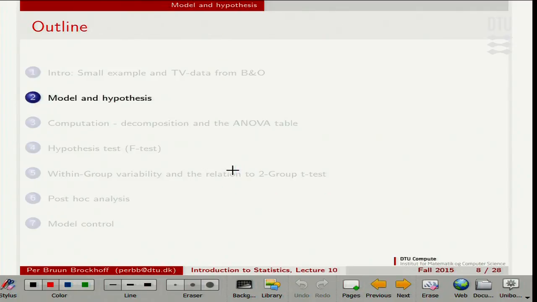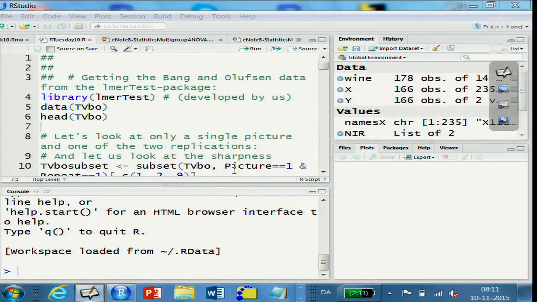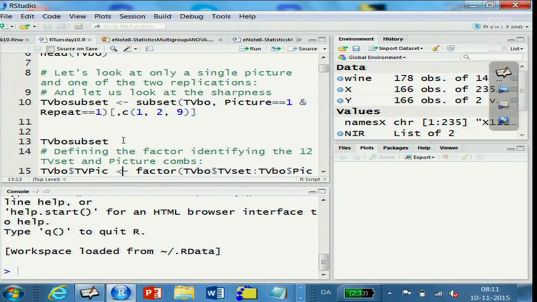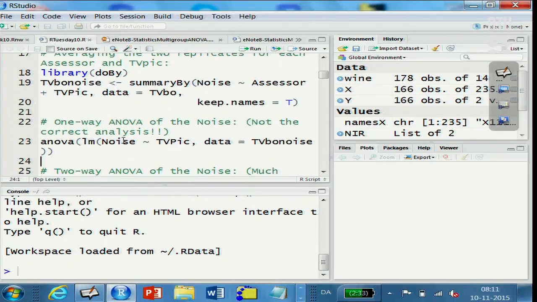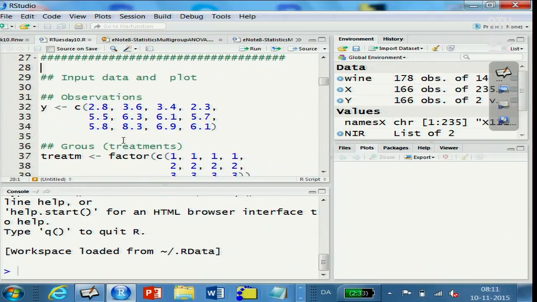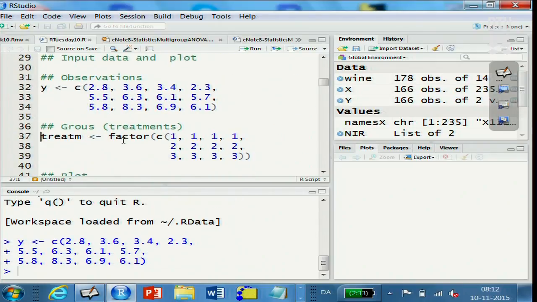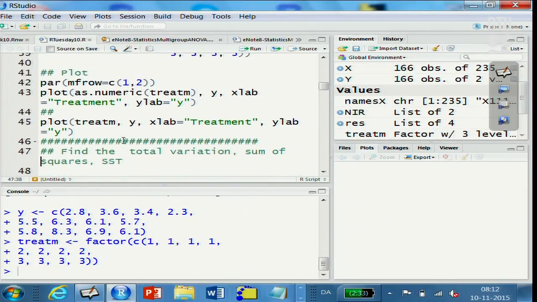Let's have a look just before we really get started. Read in the data.